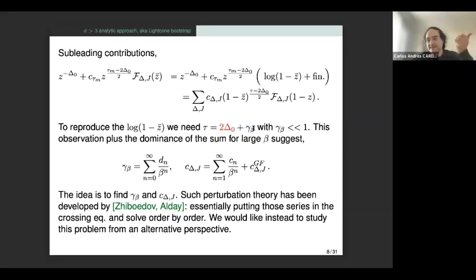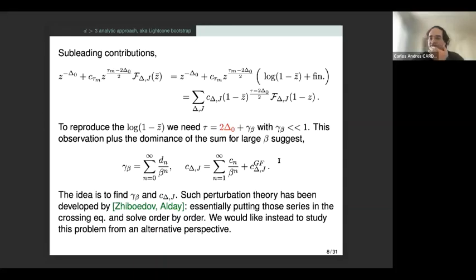And due to the fact that this sum is dominated at large beta, it's only natural to assume that we can find an expansion of these undetermined coefficients as a Taylor expansion in one over beta being large.